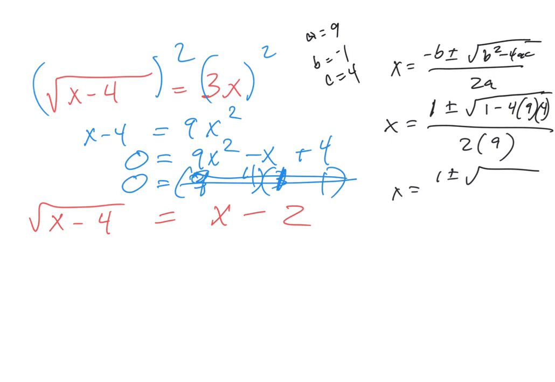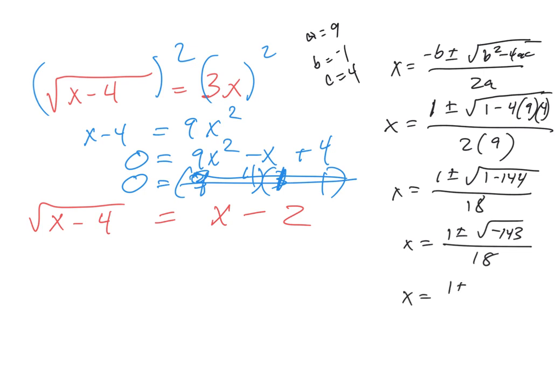I don't know what that is. 1 minus 144 over 18. x equals 1 plus or minus the square root of negative 143 over 18. So x equals 1 plus or minus i times the square root of 143 over 18.